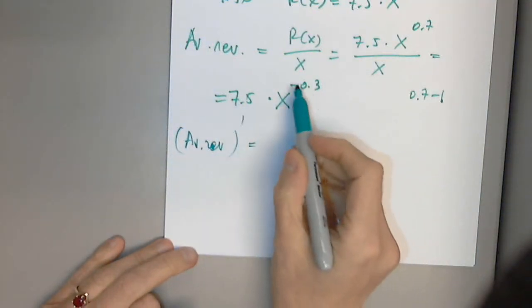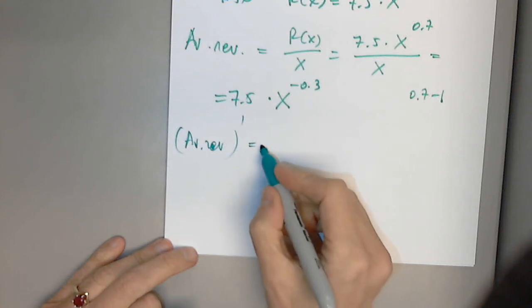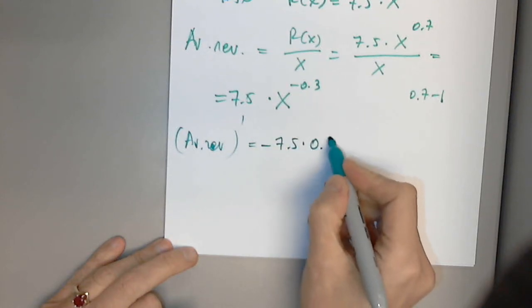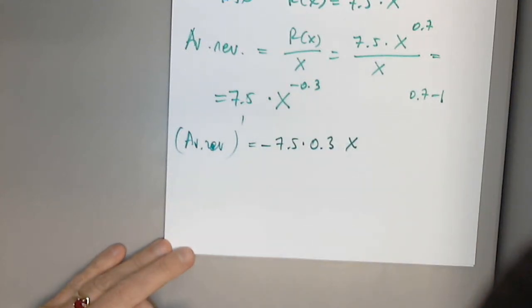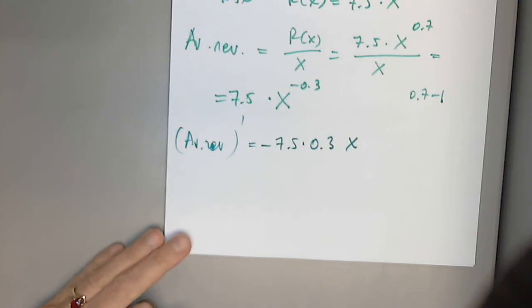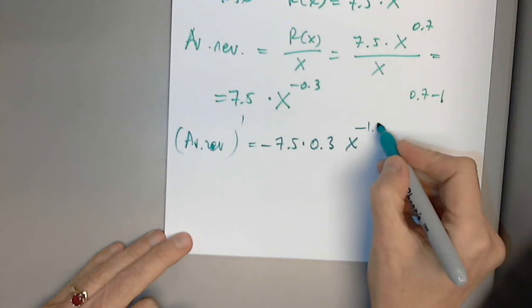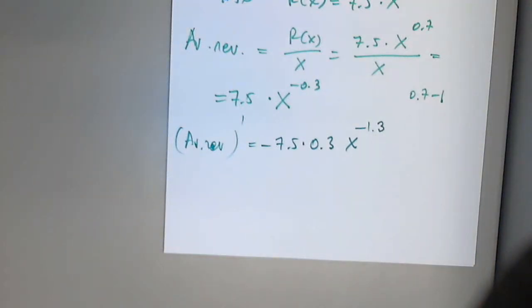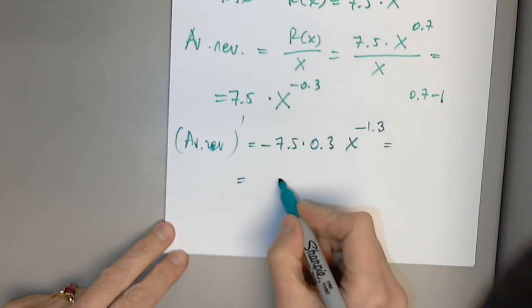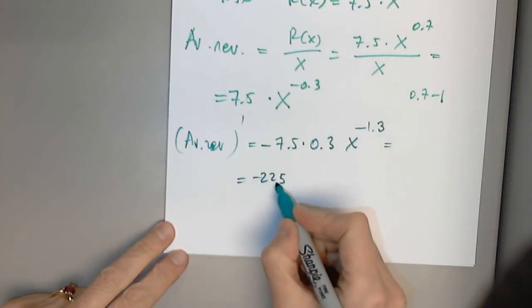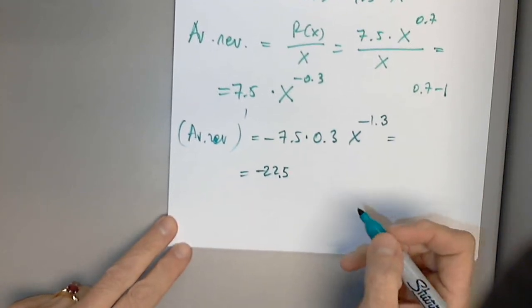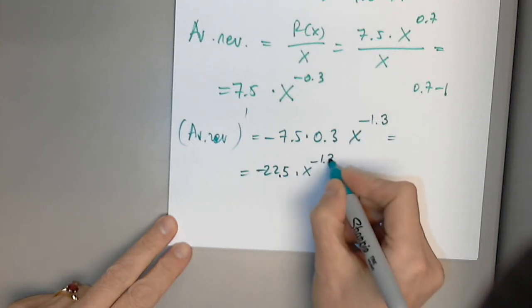I will bring down the power. So negative 7.5 times 0.3 times X to the negative 0.3 minus 1, negative 1.3. And I think I get negative 2.25 times X to the negative 1.3.